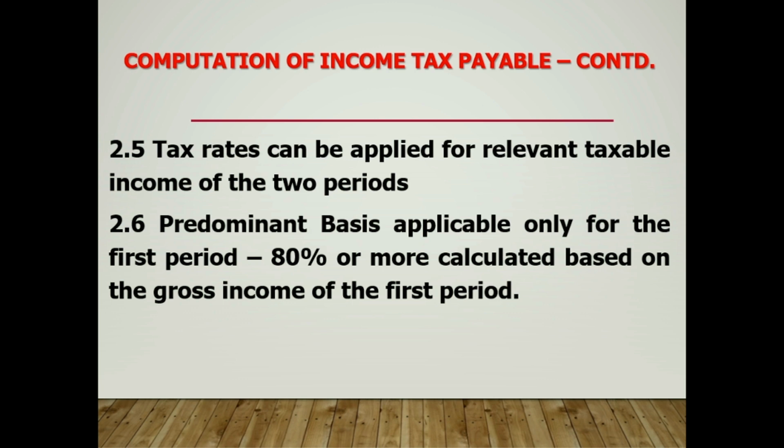However, with the new changes, this predominant basis has also been removed. Therefore, it should be applied only for the first period. In other words, the predominant basis is applied when the 80% or more is calculated based on the gross income of the first period.